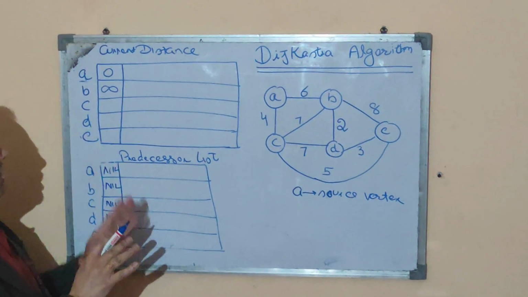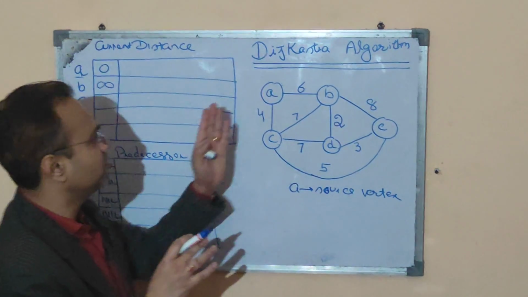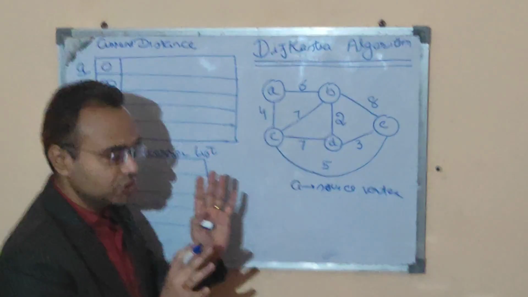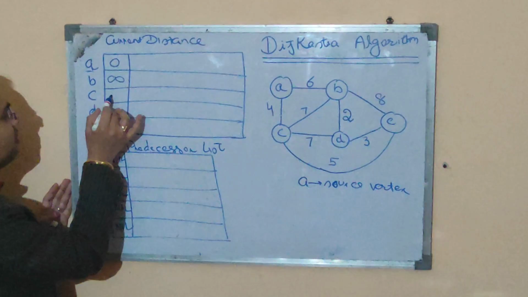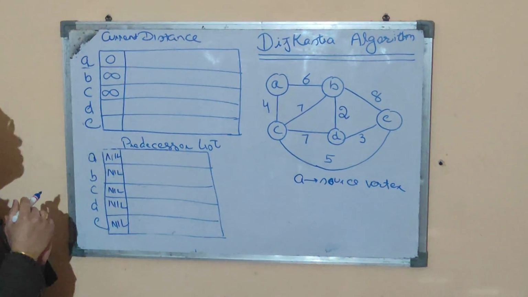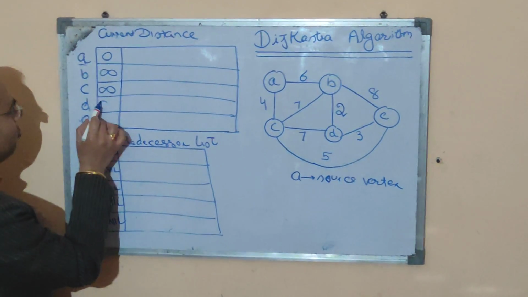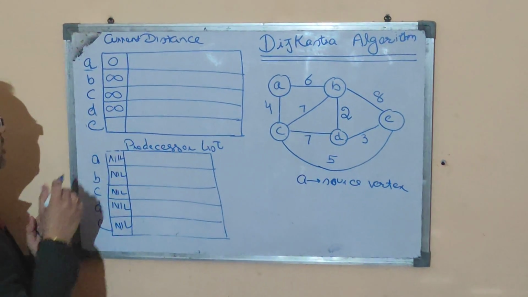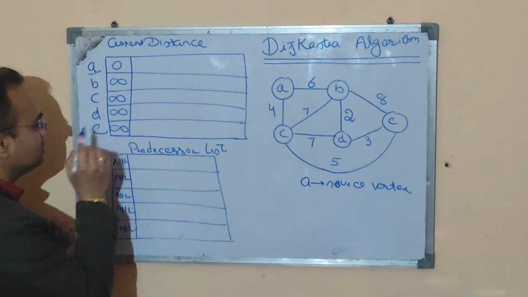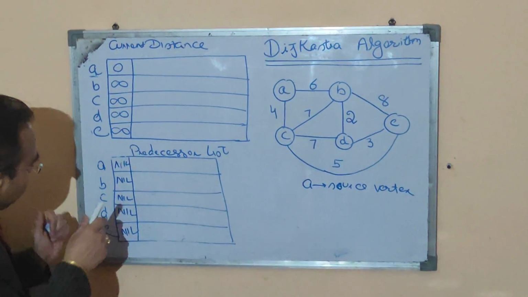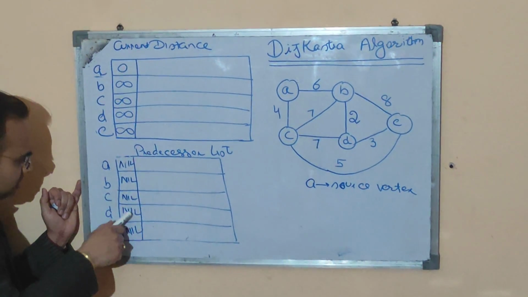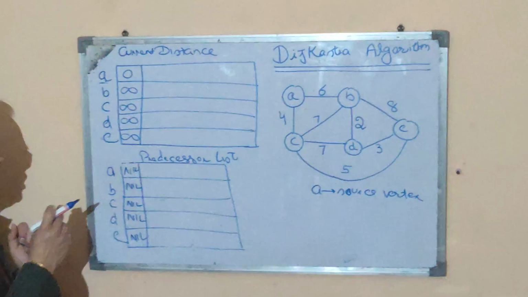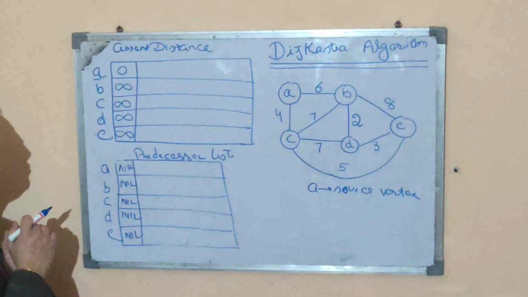We do not know whether a path exists between A and B or not. Similarly, the distance from A to C is infinite, distance from A to D is infinite, and distance from A to E is infinite. The predecessor list will be marked initially as nil for every vertex.